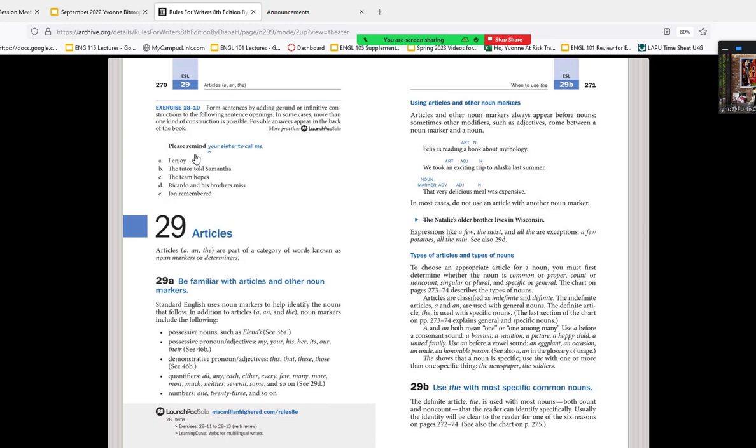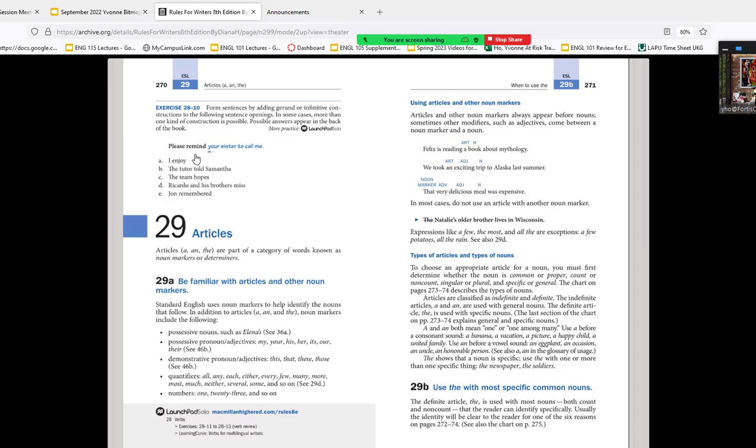The team hopes to win the championship. So hopes always takes an infinitive. The team hopes to win. You cannot say the team hopes winning. Ricardo and his mother miss going on picnics. And you cannot say Ricardo and his brothers miss to go on picnics.